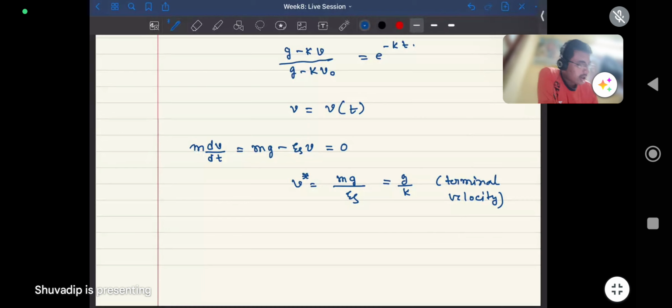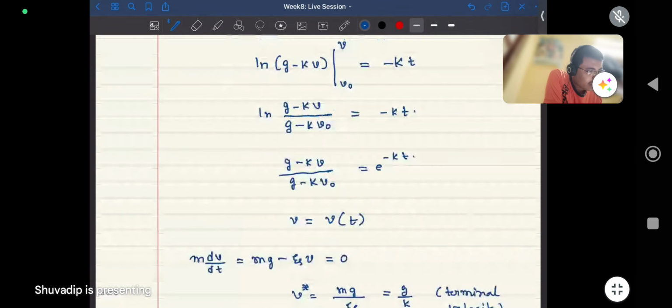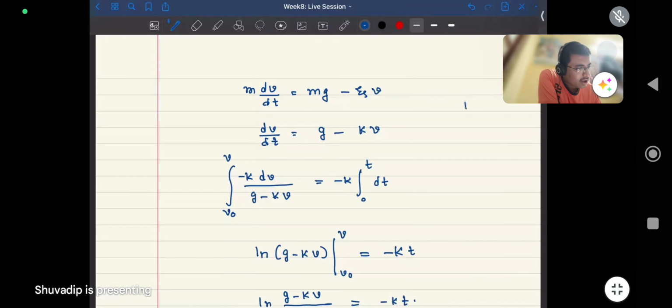In this scenario, the terminal velocity is mg by xi, or g by k, in terms of our definition, where k is xi by m.